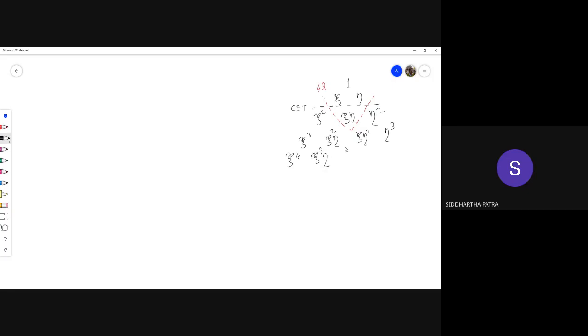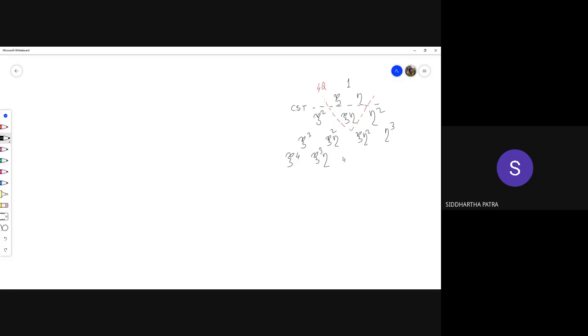I hope you can see or identify these terms. Let's say if you do binomial expansion of xi plus eta cubed, you would see such terms. So these are all the possible cubic terms involving xi and eta.